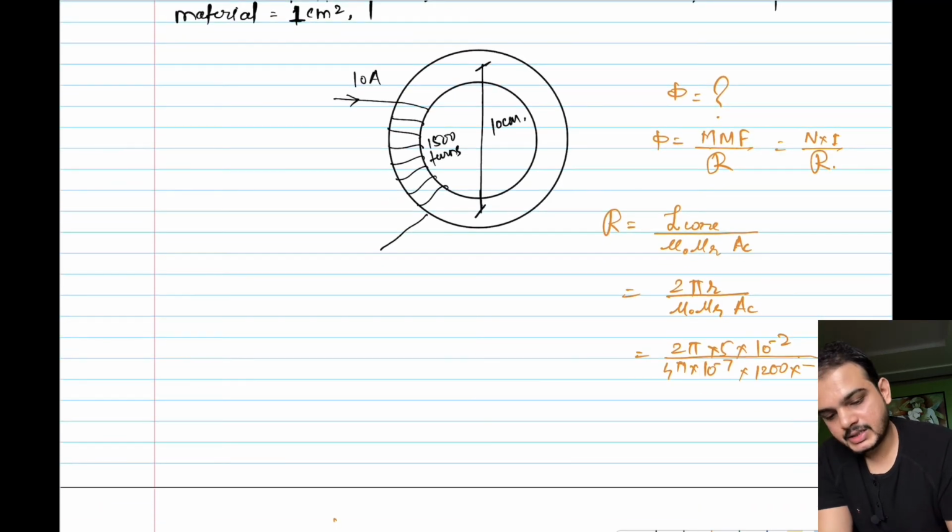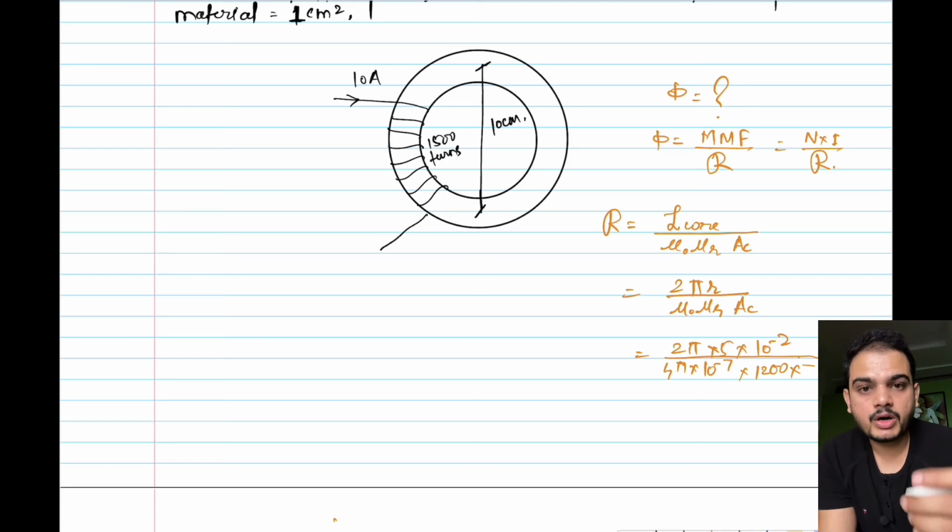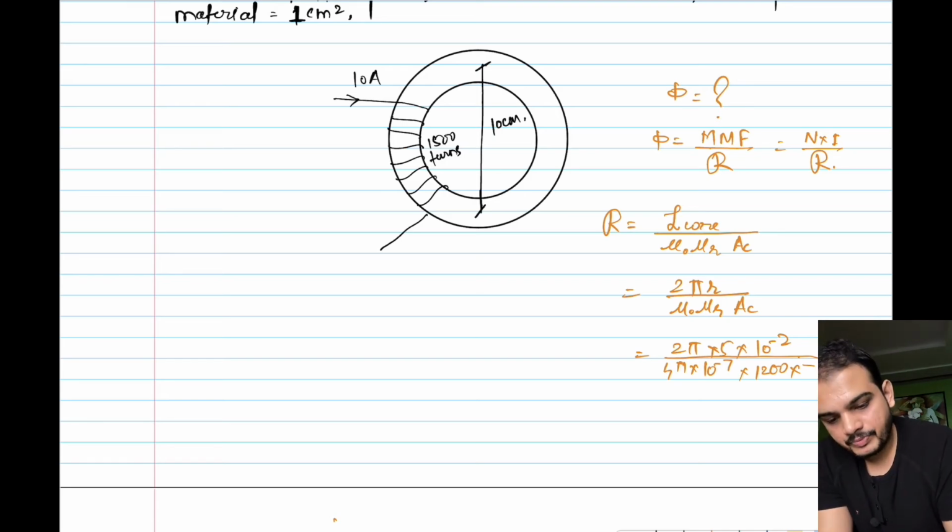We want it in meter square, so it will be 1 into 10 to the power minus 4. After calculation, we get the reluctance as 2.08 into 10 to the power 6 Henry inverse.